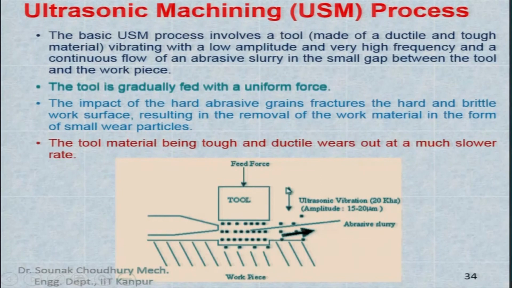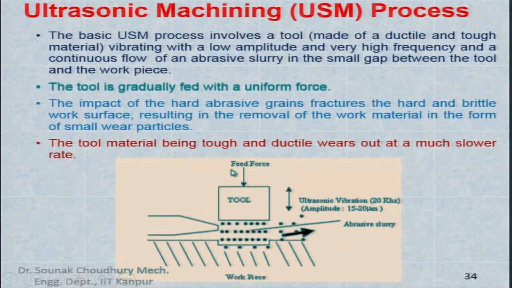This arrow shows the way the tool vibrates, with a very low amplitude. It cannot be seen with normal eyes. And it has a very high frequency also, 20-25 kilohertz. Now, the impact of the hard abrasive grains fractures the hard and brittle work material, resulting in the removal of the work material in the form of small wear particles, and these wear particles can be taken away by suction.